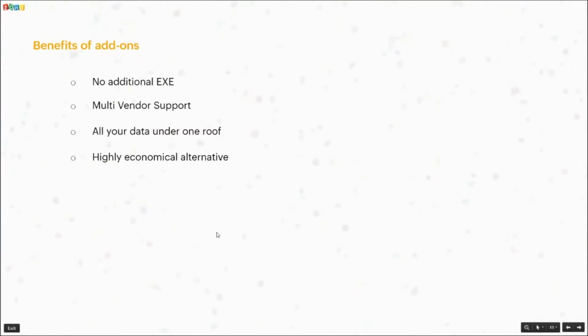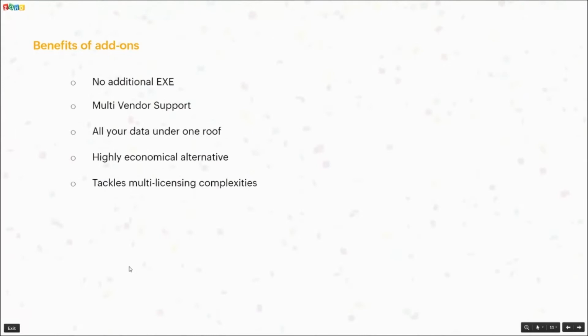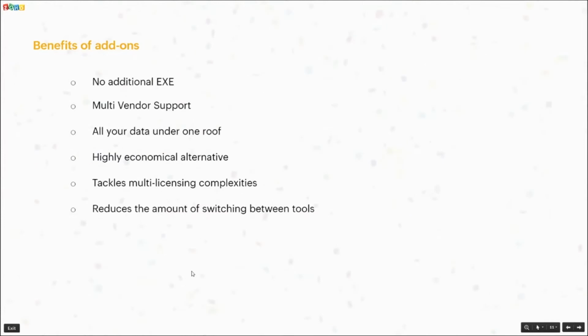This tackles the multi-licensing complexities which happen when you have multiple products to monitor various different metrics in your environment. So when you have OpManager with the add-ons, everything comes under a single roof and the licensing is also a single point of contact. This also reduces the amount of switching between various tools to view various different data.